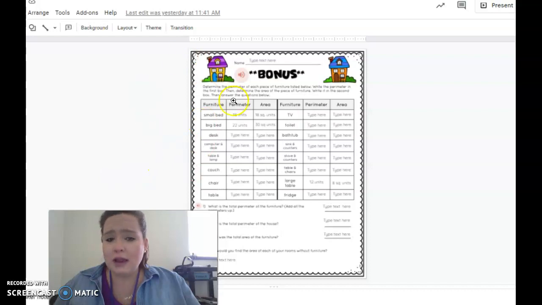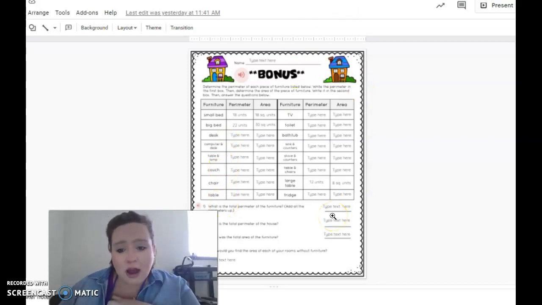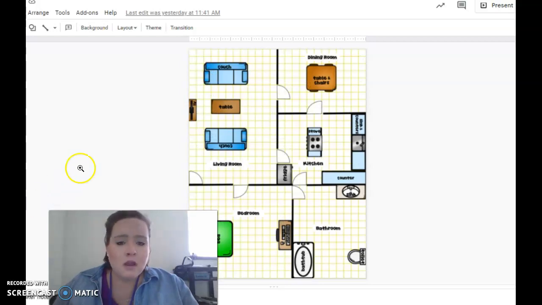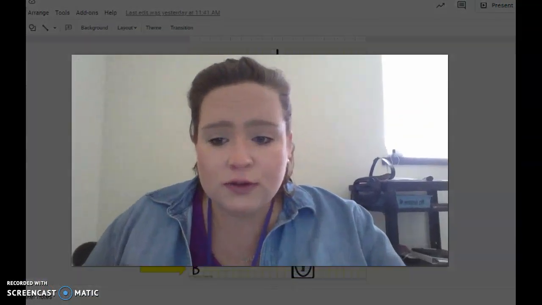If not, you're right here at the bonus, and you're just finding the perimeter and area of each piece of furniture. Even if you do not have that piece of furniture in your house, I still want you to find the perimeter and area for that piece of furniture so you can move it into the grid of your house to help you do that, and then you can remove it when you're done. And then for 6, you're going to use slide 7 to answer those questions.